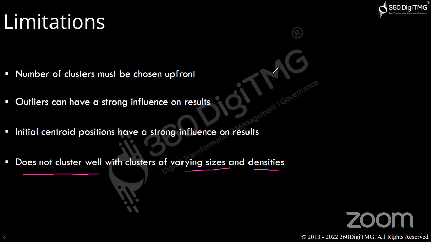If we have clusters with varying size or varying density, k-means is not a good measure. Many other clustering methods can be used, but k-means will not be a good solution for these kinds of problems.